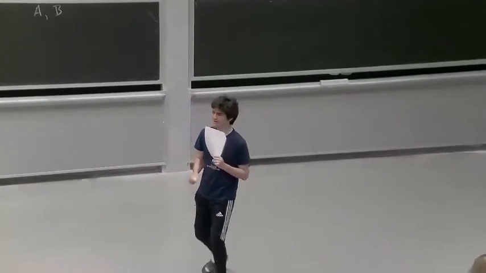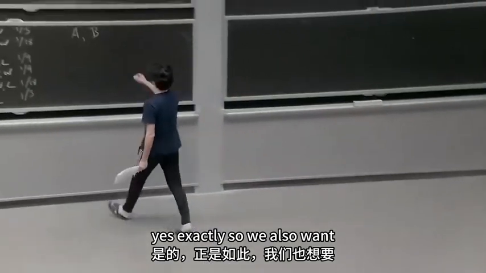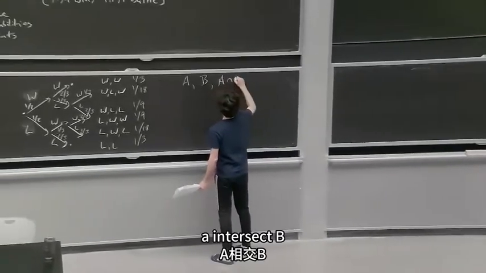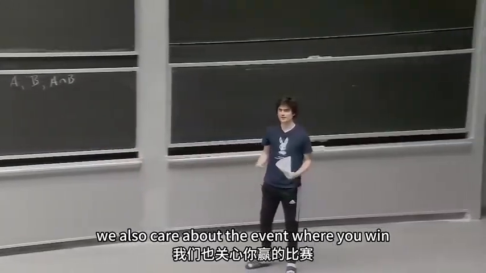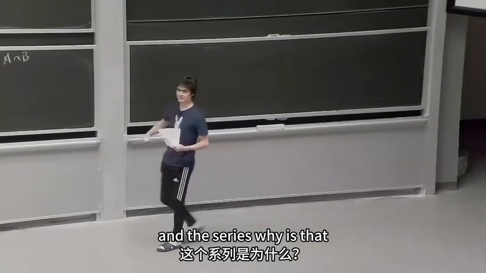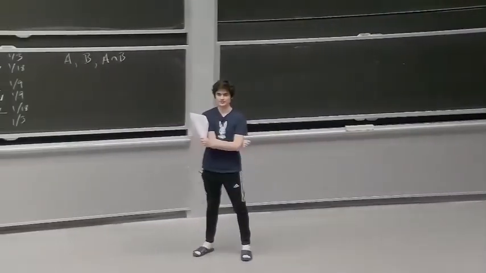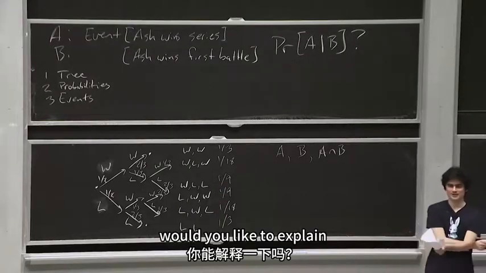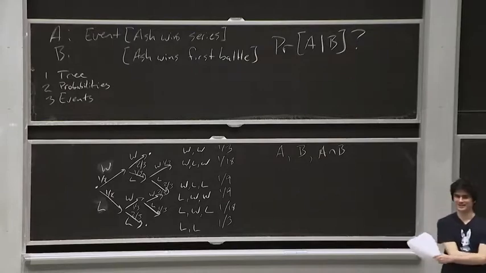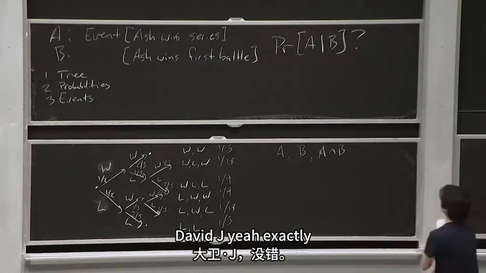Yes, exactly. So we also want A intersect B. We also care about the event where you win the first battle and the series. Why is that? Would you like to explain? Yeah, exactly.